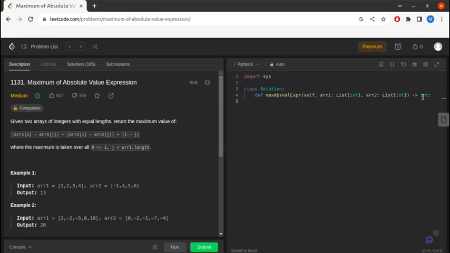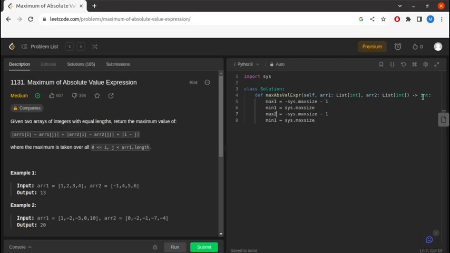So let us take max. Remember, we want to take the maximum one, so let us initialize it to the start max size minus one, so this is basically negative infinity, and min1, which equals the start max size. This is positive infinity.